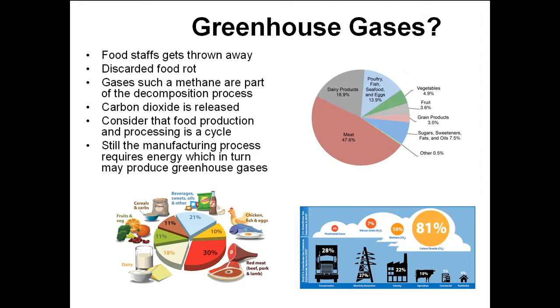First of all, when foodstuffs get thrown away, it rots. So discarded food rots away, and when food rots, gases are released. Some of the gases are considered to be greenhouse gases, such as methane.